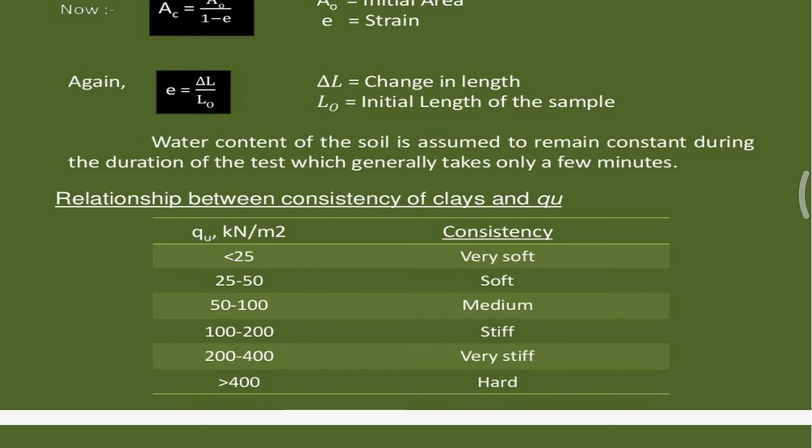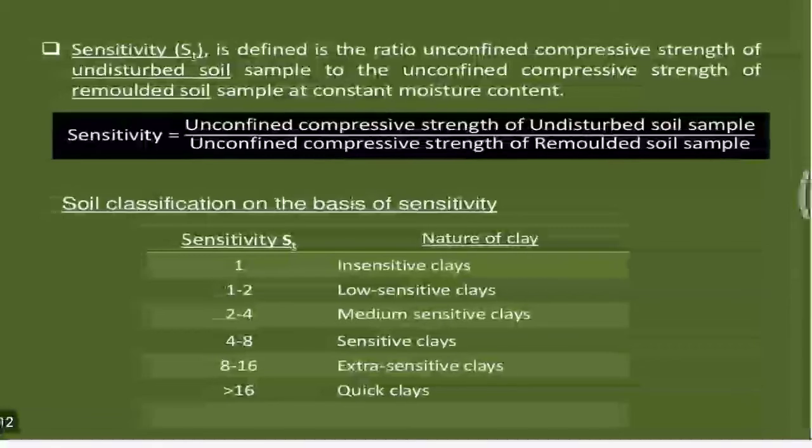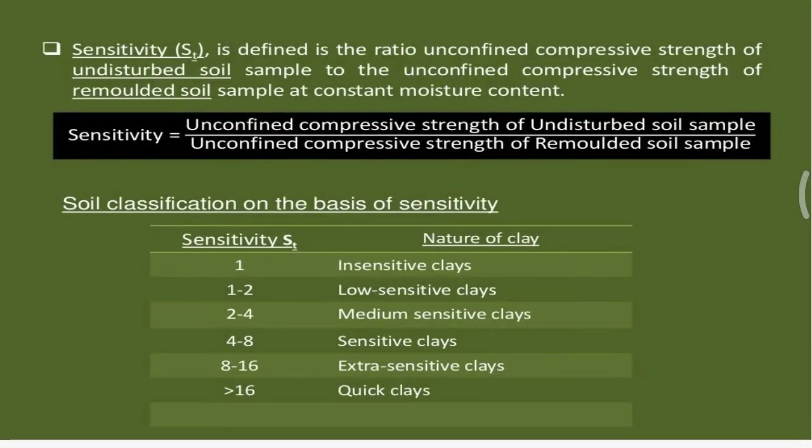If the unconfined compressive strength is less than 25, then the consistency is very soft; between 25 to 50, soft; between 50 to 100, medium; 100 to 200, stiff; 200 to 400, very stiff; and greater than 400 is hard.